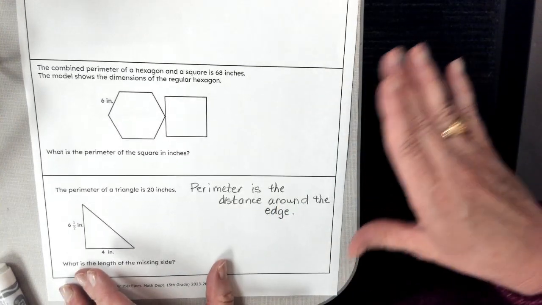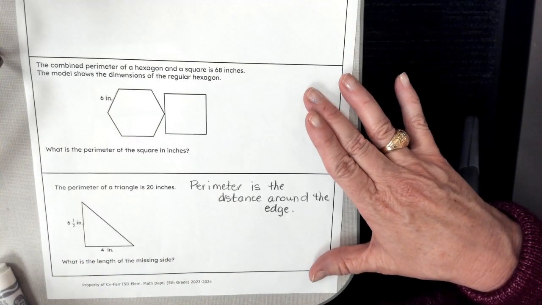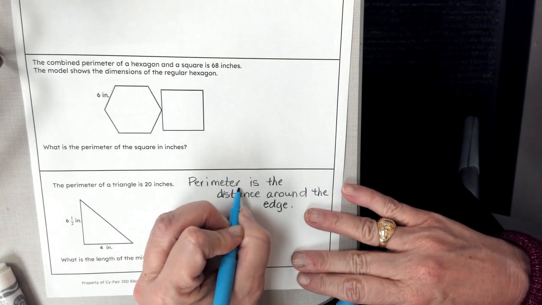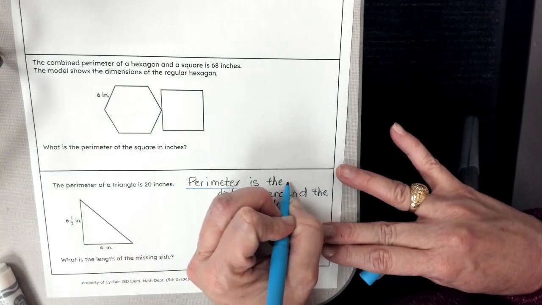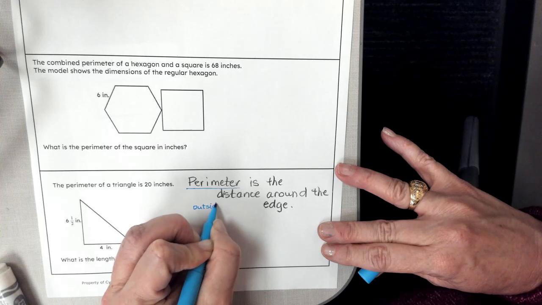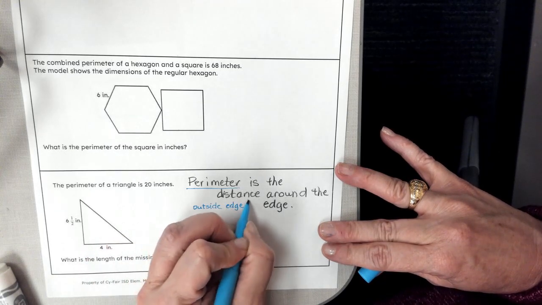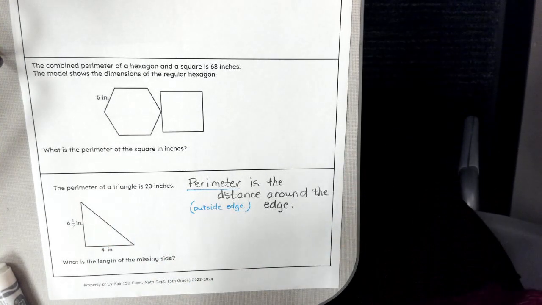So somebody in my other class said the outside edge, and I agree. I like that definition. So if you just wanted to write perimeter and then you wanted to write outside edge, that would be perfect, because that's what we're really talking about.